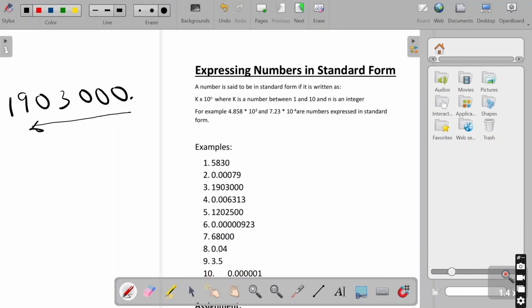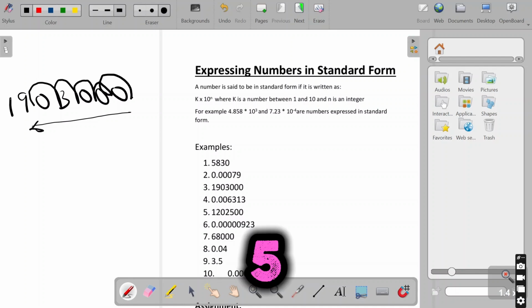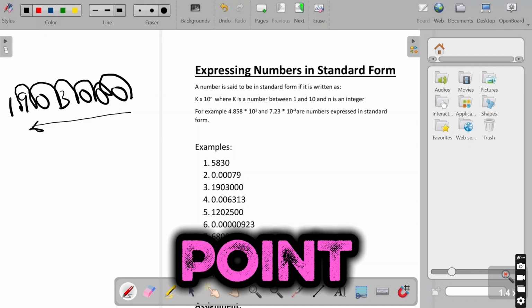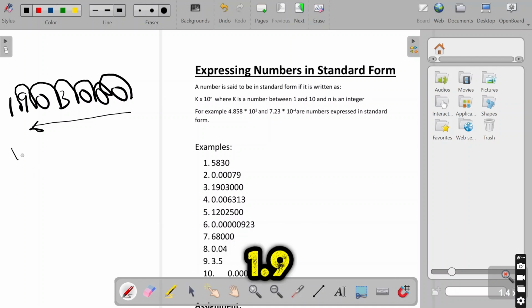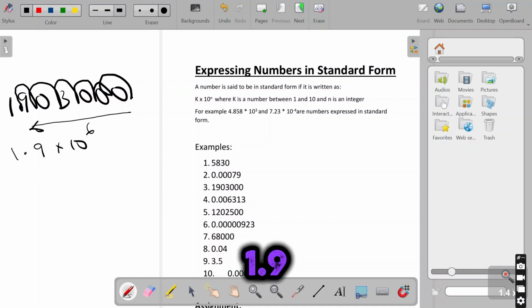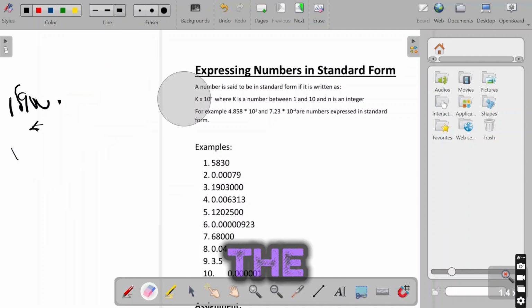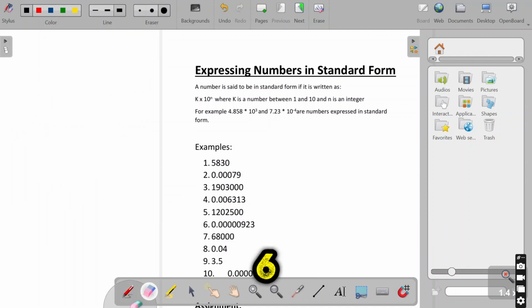How many times? Let's move it together. We have 1, 2, 3, 4, 5, and 6. So the decimal point will now rest here. That gives us 1.9 times 10 raised to power 6. That's the answer.